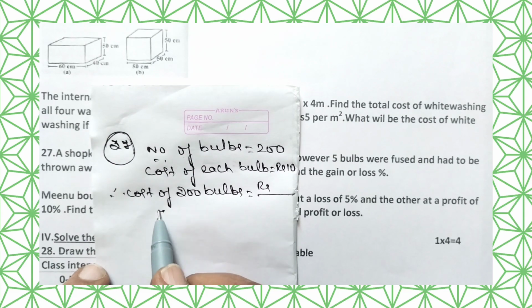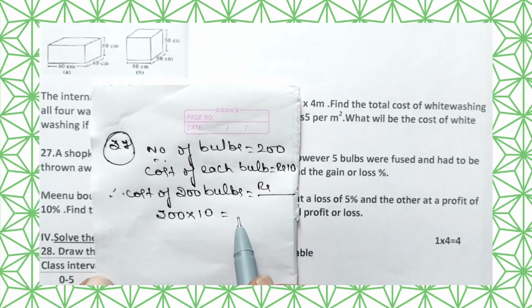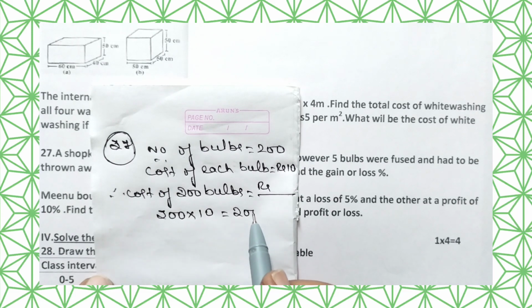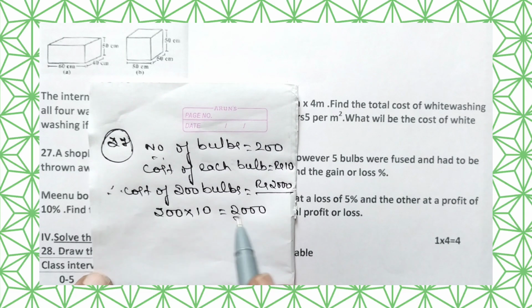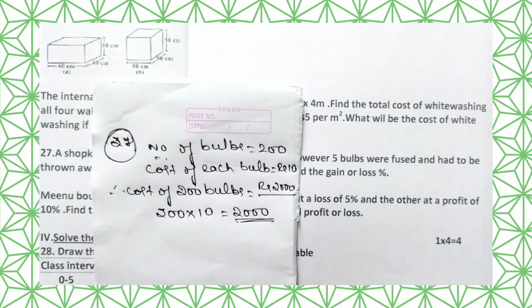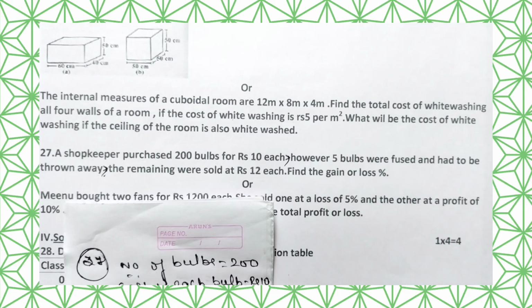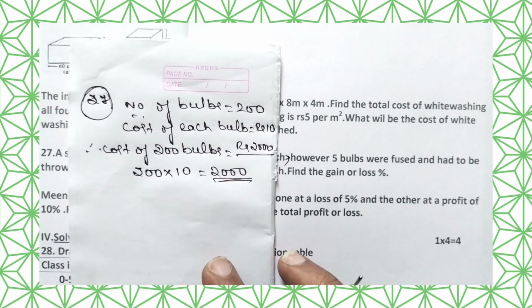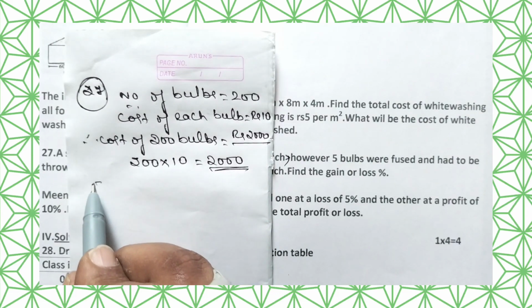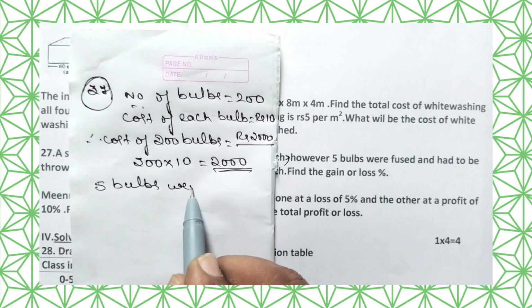Total 200 bulbs are there, for 1 bulb it is 10 rupees, so total 2000 rupees. So cost of 200 bulbs is equal to 2000 rupees. Out of that, 5 bulbs were fused.